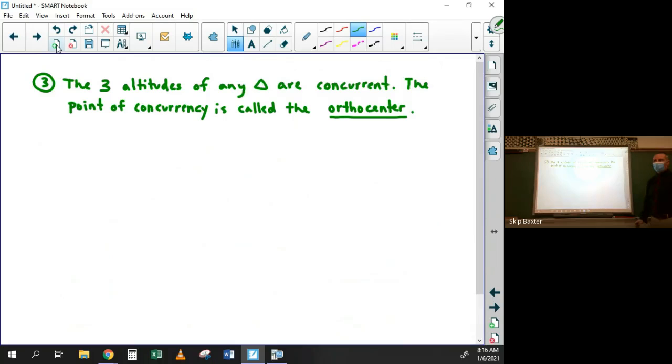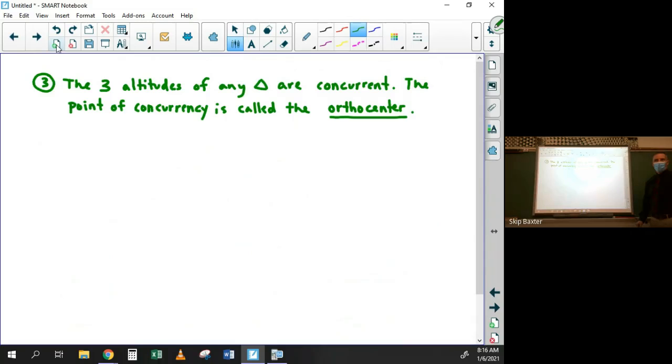Does anybody know what the prefix ortho means? Like orthodontics or orthopedics? Or I don't know if you've ever heard the word orthogonal. It means straight.